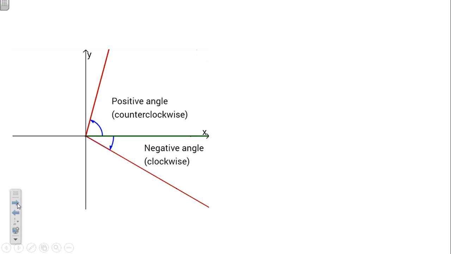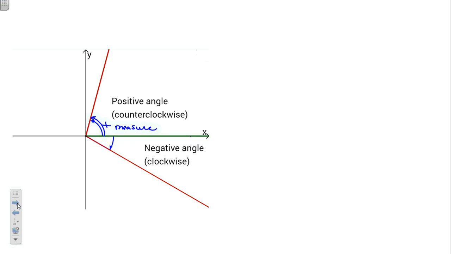From the initial ray to the terminal ray clockwise is a negative angle, negative measure. Okay? So we have 2 angles here. This particular angle has a positive measure because we went from the positive x-axis to the terminal ray in a counterclockwise direction.